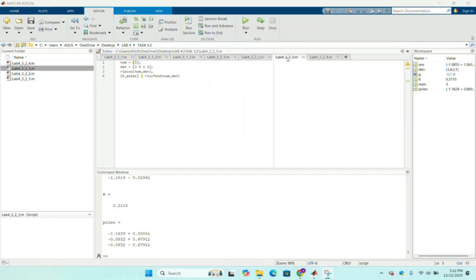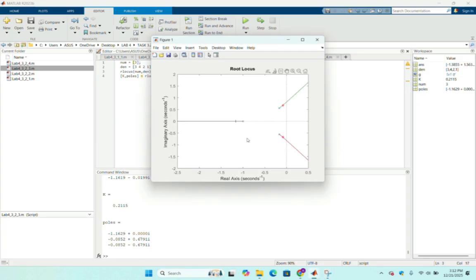For question 3.2.3, my numerator is 3 and the denominator is [3 4 2 1], and we want to find the k and the poles. Here the rlocus code is the same as the previous question. After I run it, I got this graph, and this is my result.